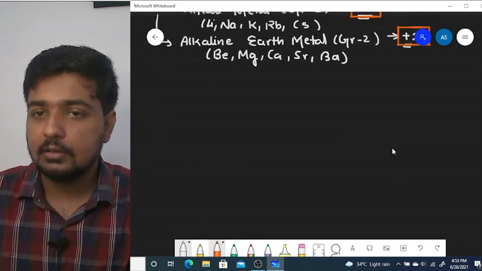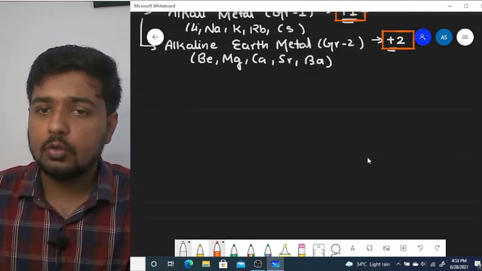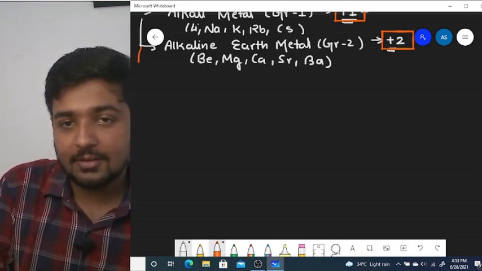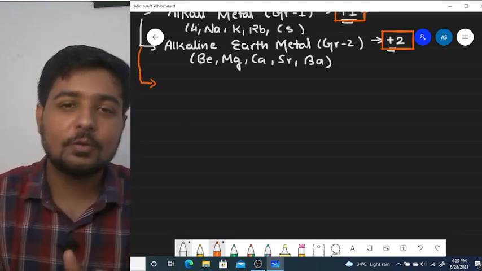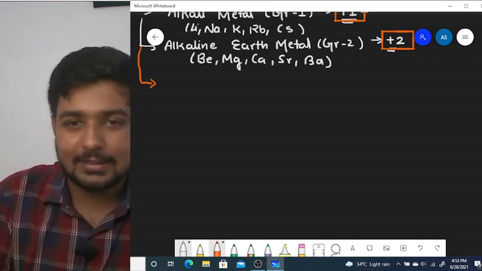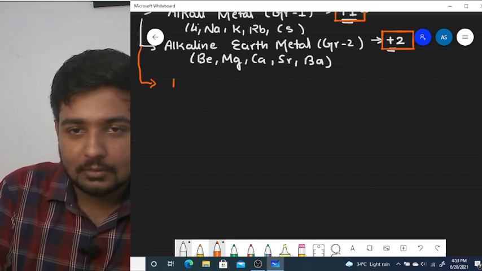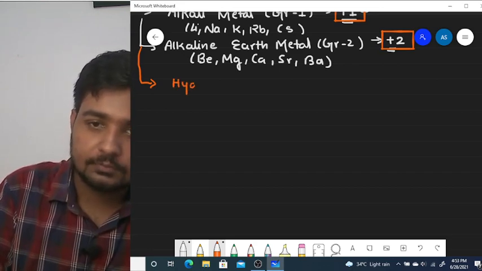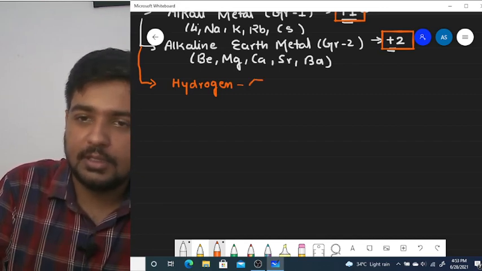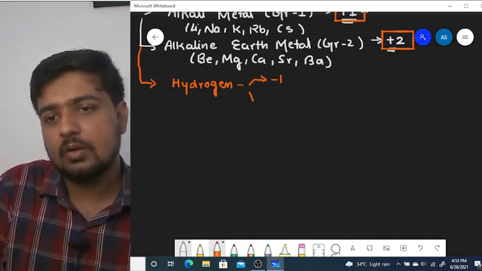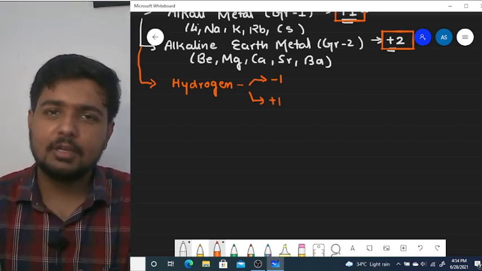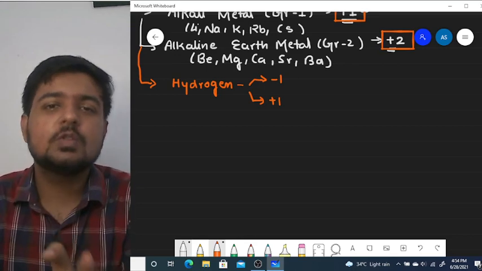Similarly, if we want to know the oxidation number of some more elements which are required on the basis of your competitive exams or board exams, who are they? That is hydrogen. The oxidation number of hydrogen will be either -1 or +1. It may be 0. 0 will be for everyone whenever they exist in their natural form.